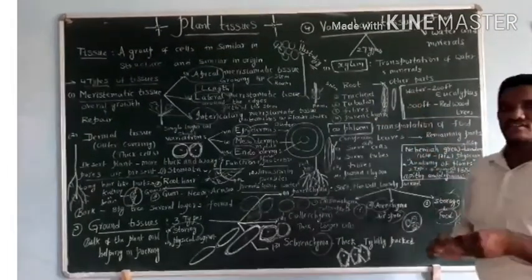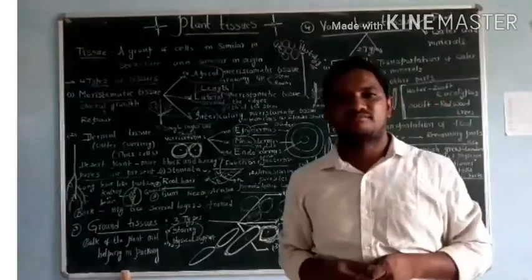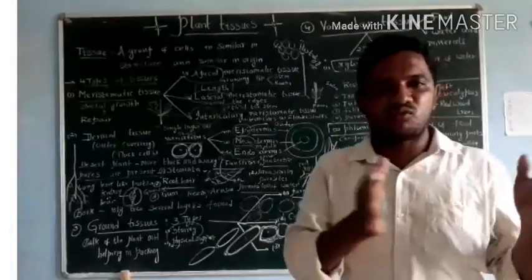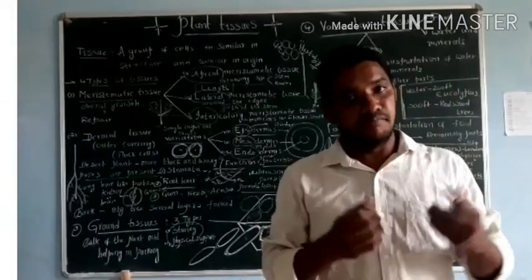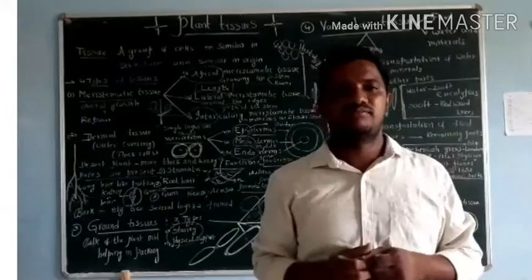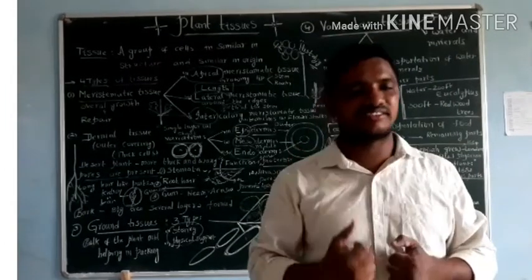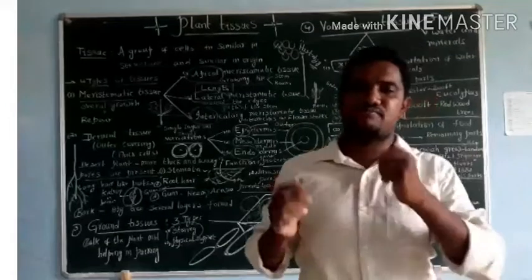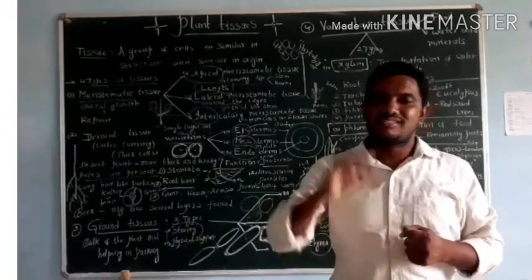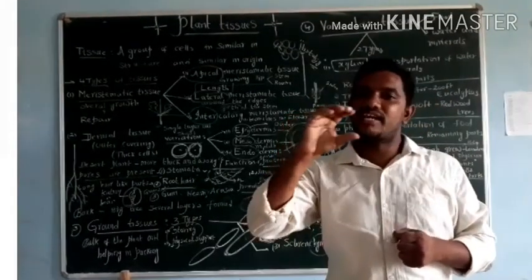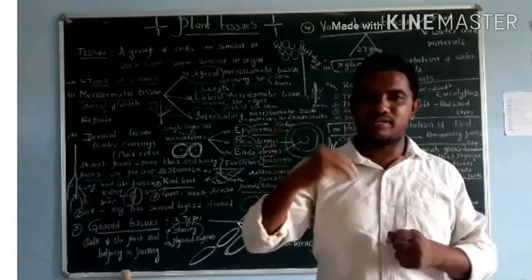Remember, vascular tissue helps in transportation of water, minerals, and food. There are two kinds of vascular tissues, xylem and phloem. Xylem helps in transportation of water and minerals.